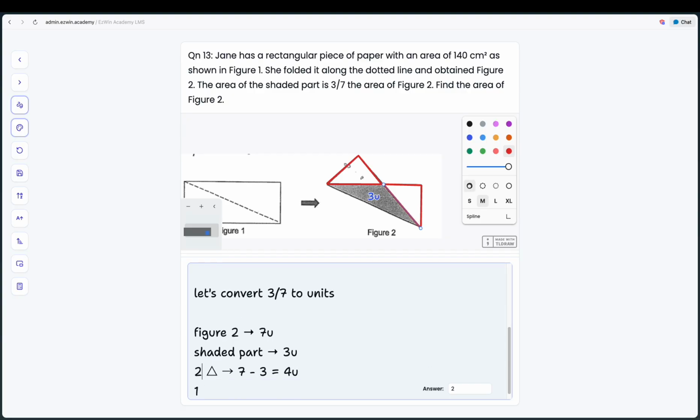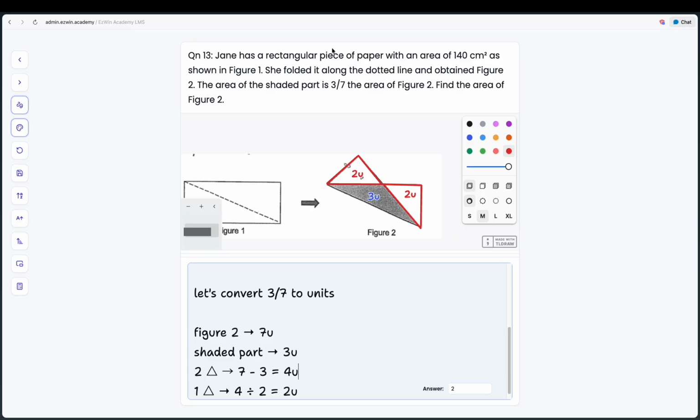So 1 triangle area is equal to 4 divided by 2, which gives us 2 units. So this is 2 units, and this is also 2 units. That's what we see over here.